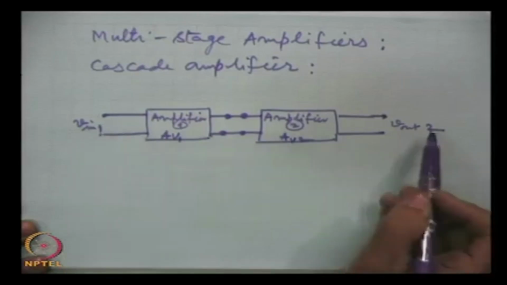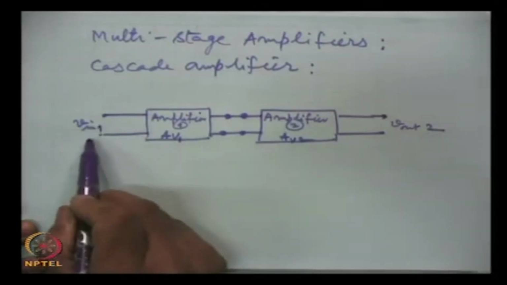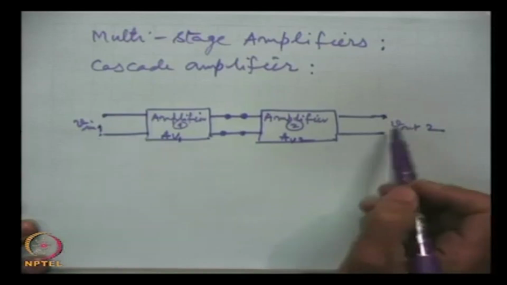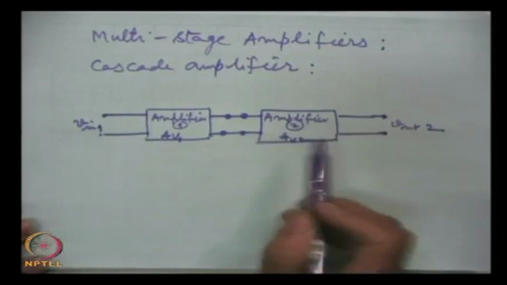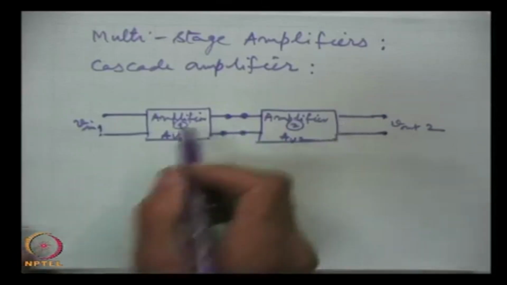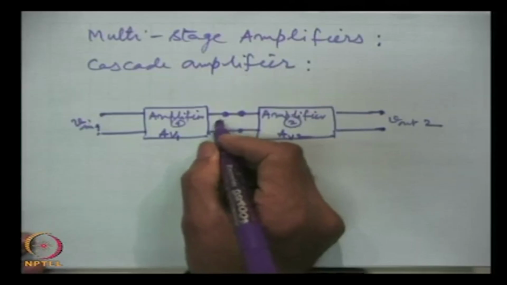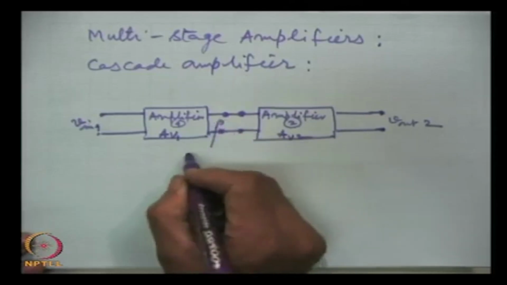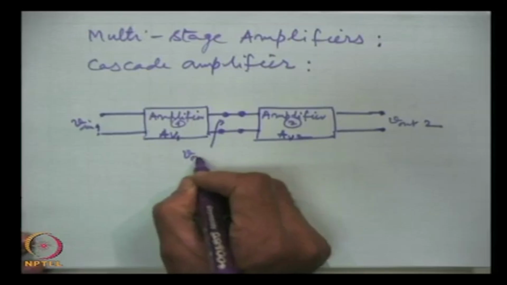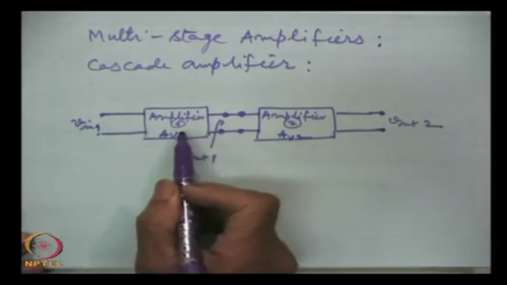This is the input to the first amplifier, and this is the output from the compound amplifier. Here the output of the first amplifier is V out 1.